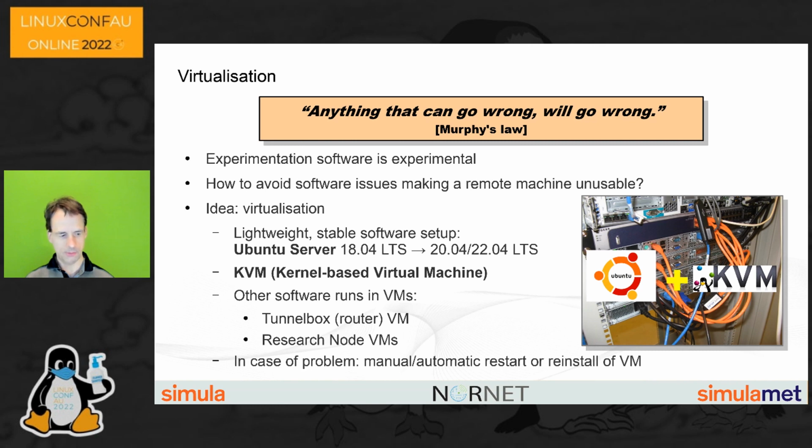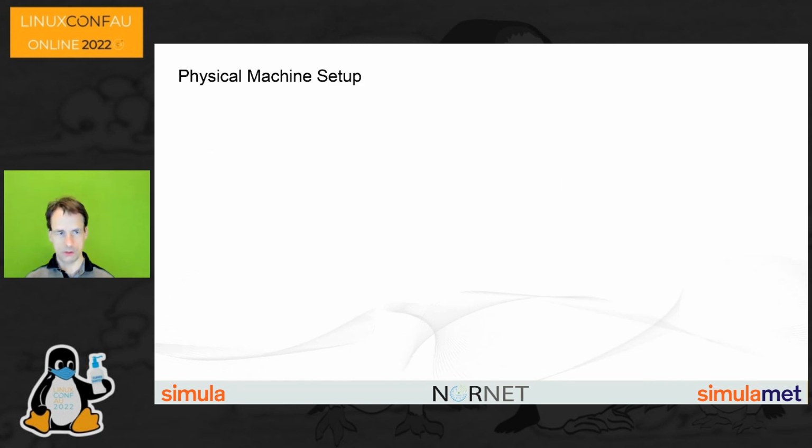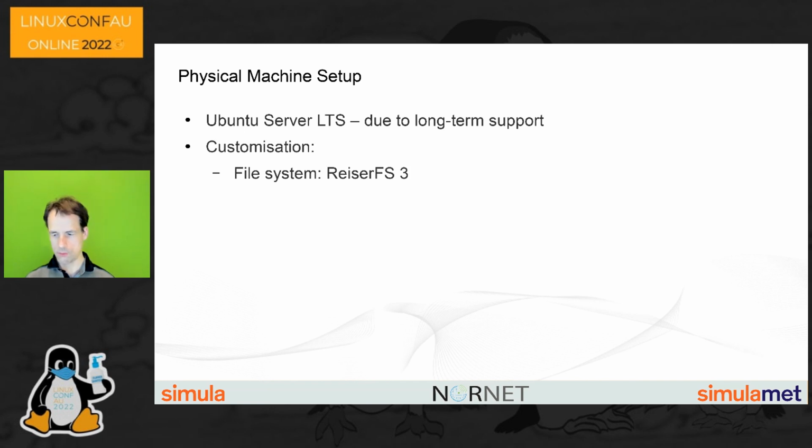So if something goes wrong, it's possible to log into the host machine and do some repair work. That is how such a physical machine looks like. As I've said, it's Ubuntu Server LTS. There's one customization which is interesting to mention. We decided to use ReiserFS version 3 instead of ext4 because of its robustness.